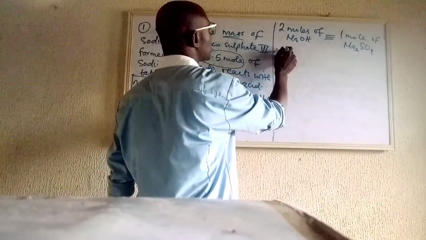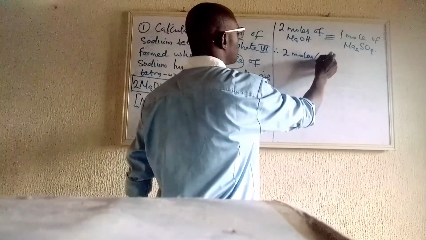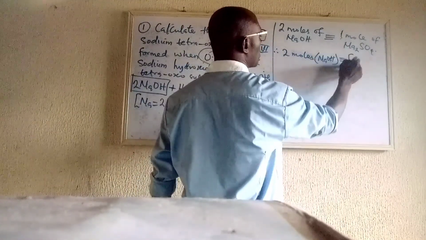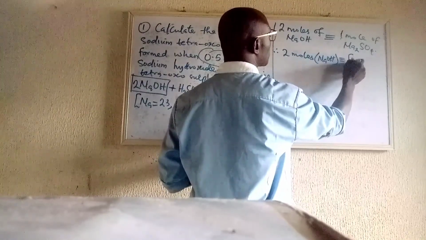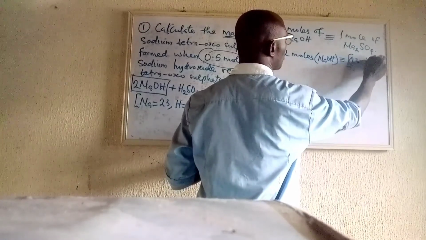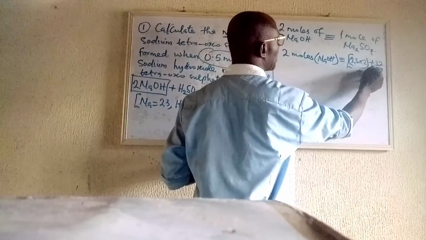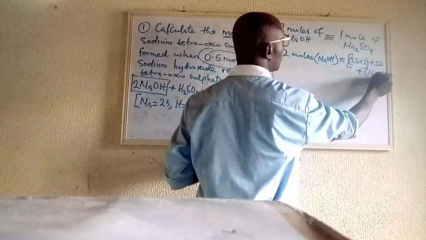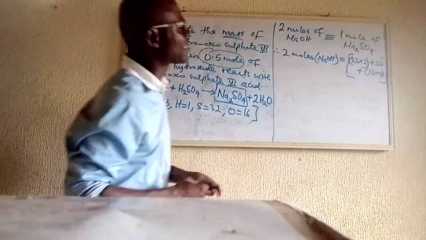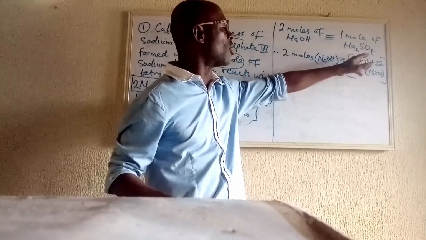Therefore, it means 2 moles of sodium hydroxide will produce, that will be 23 times 2 plus 32 for sulfur plus 16 times 4 for oxygen. So whatever we get here is the relative molecular mass of sodium sulfate.